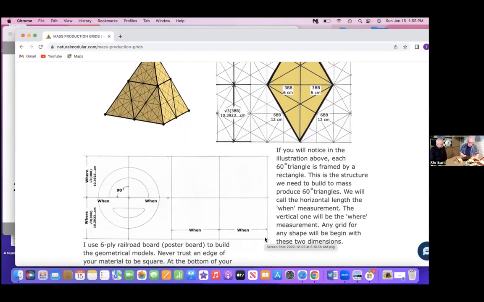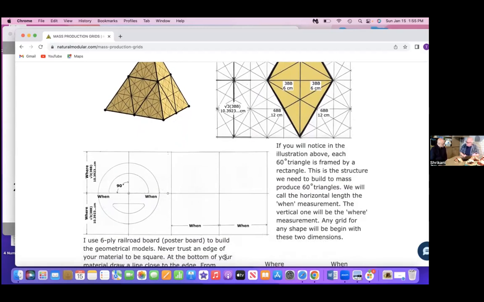So what you do is you start at the bottom and draw a line and then do the where, because you know that it's 10.39 and you measure that up. And then you come in, you draw a line of a when with enough distance so that a protractor can fit there, and you do the 90 degrees, because this is really us.